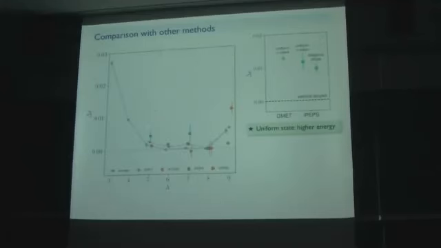So let me now show you a comparison with the other methods. First this plot here, that's the energy difference with respect to the lowest energy state, which is a stripe state. And here's the DMET result for the uniform d-wave state. And you see the distance to the stripe state is similar to the iPEPS result, so around 0.01 t.